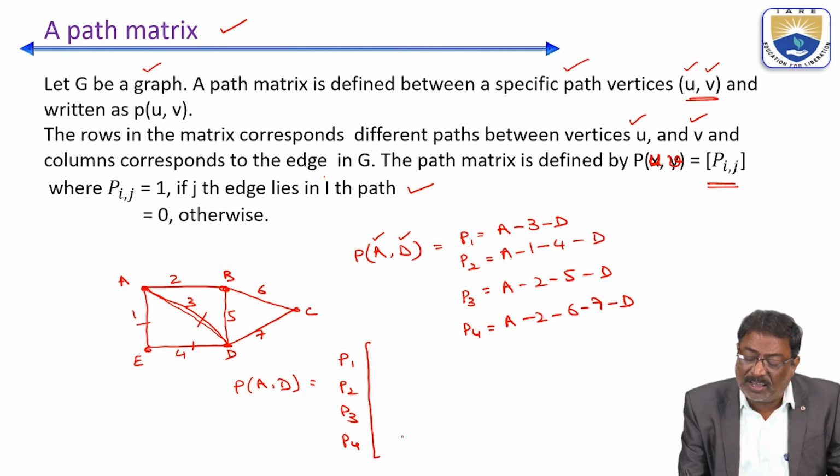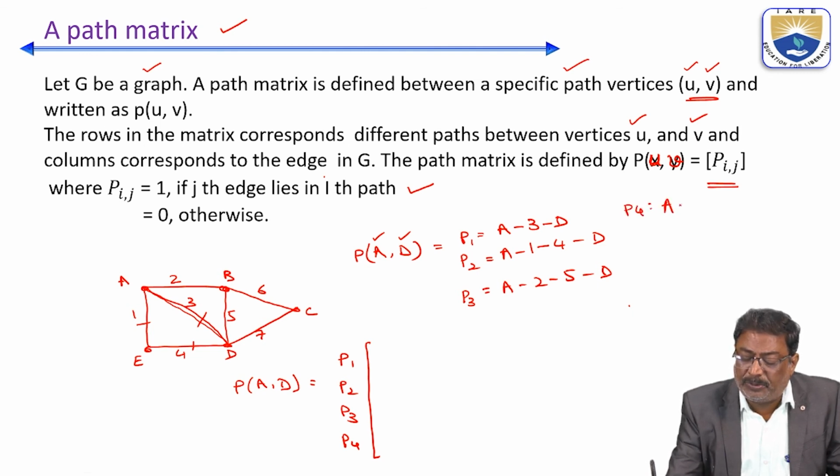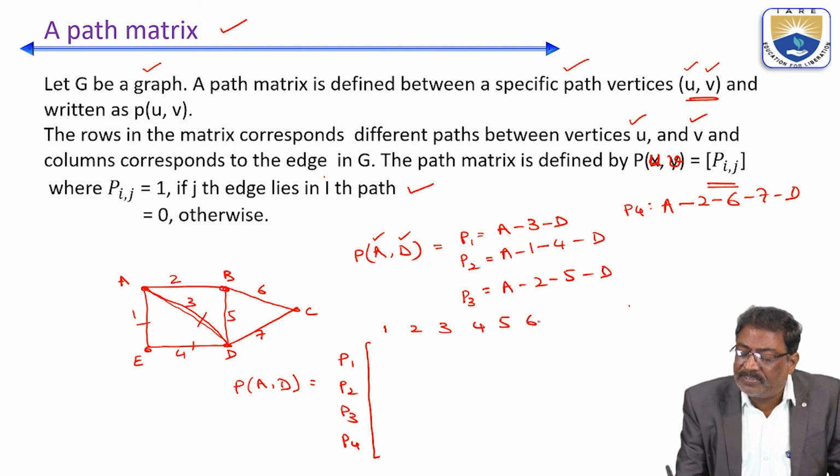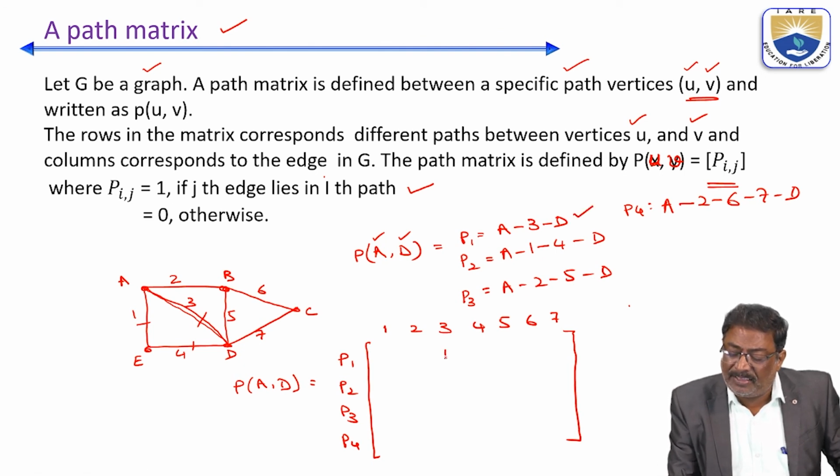Then the edges are 1, 2, 3, 4, 5, 6, 7. There are 7 edges. If I take path 1, then edge 3 will be there. The remaining are not there, so I consider them as zeros.